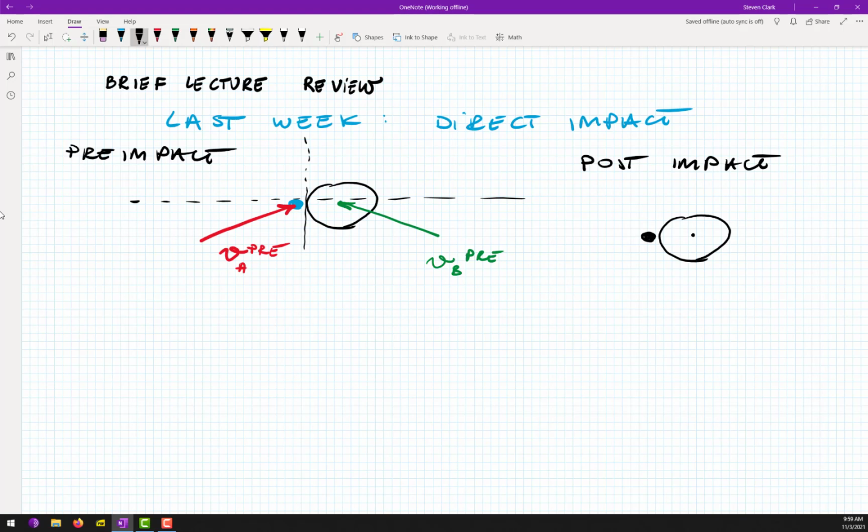Okay, so we will have this component and this component. So this will be VA pre tangential, and this will be VA pre normal.